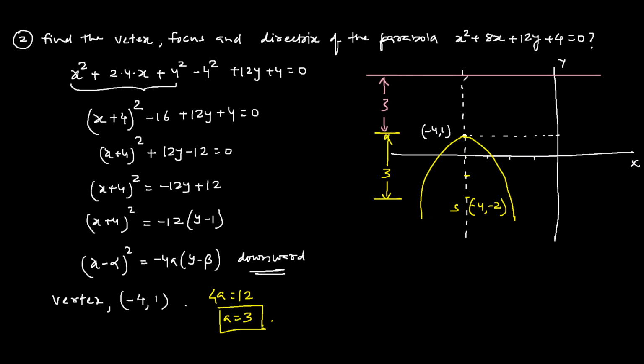So for this coordinate, the x value is minus 4, and the y value has to be 1 plus 3. So 1 plus 3 is 4. So the coordinate is (minus 4, 4), and the equation for the directrix is y equal to 4.